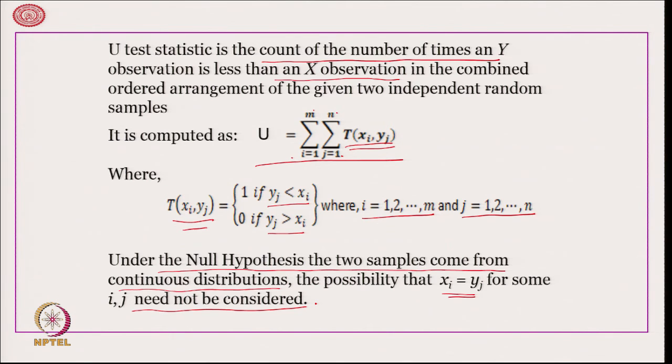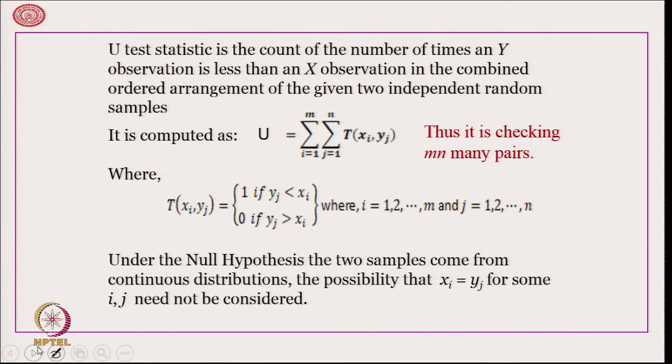Therefore, we discard both of them from the two populations in our subsequent computation, and accordingly the values of m and n need to be adjusted. If we look at it, we are checking mn many pairs, because each x observation will be compared to all the y observations and vice versa.